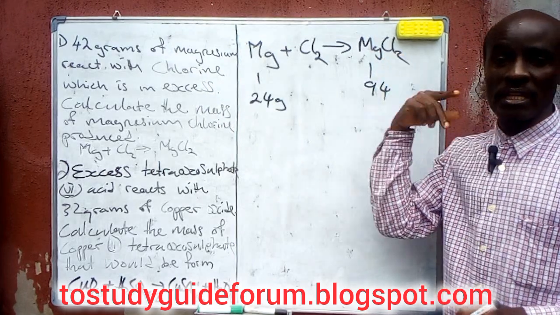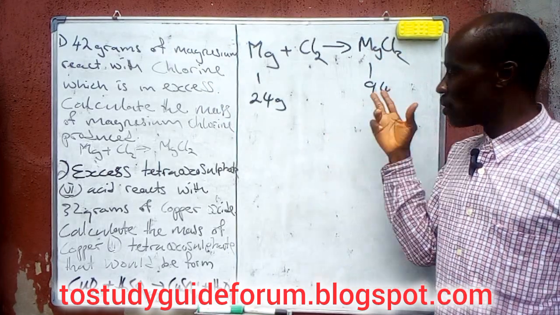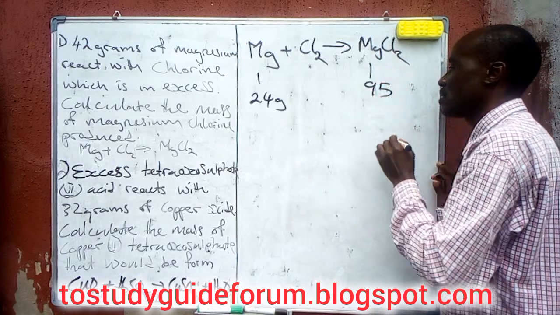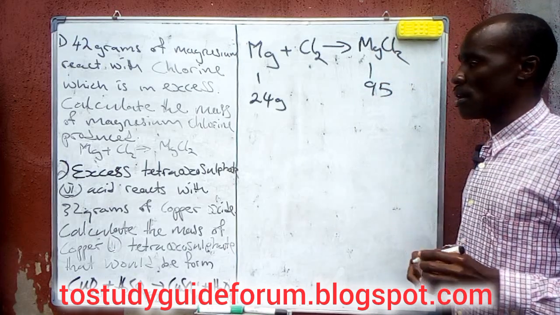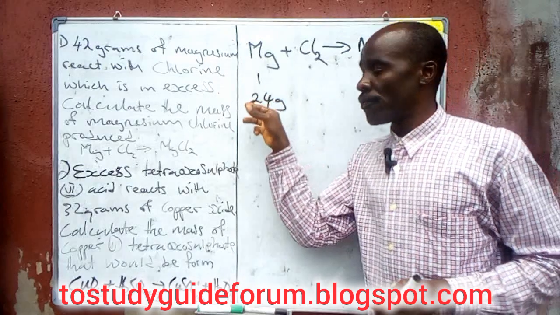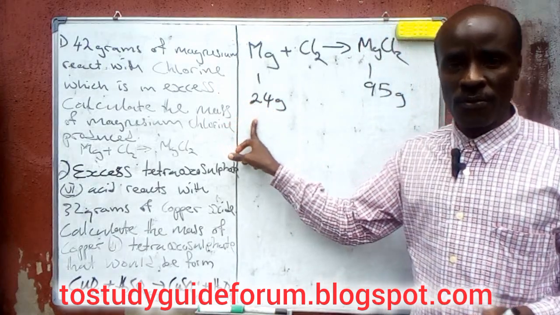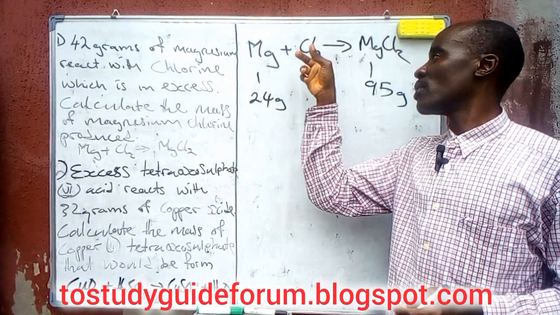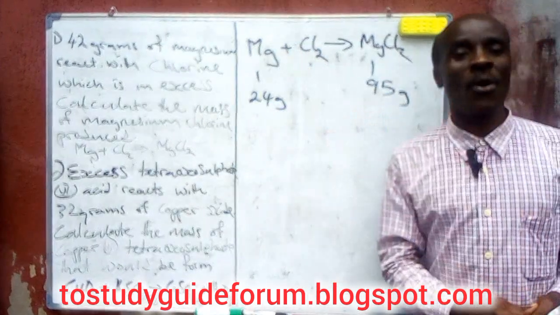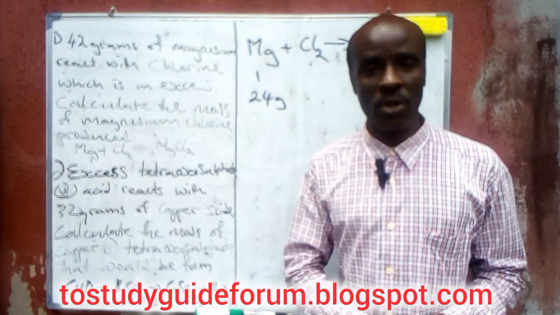Since chlorine is 2 here, 35.5 times 2 will give us what we want. We add it up and have 95. So what it simply means is that if 24 grams of magnesium combines with chlorine in excess, it will give you 95 grams of magnesium chloride. That is what we have here.